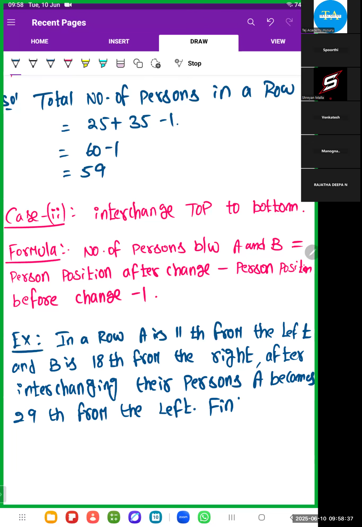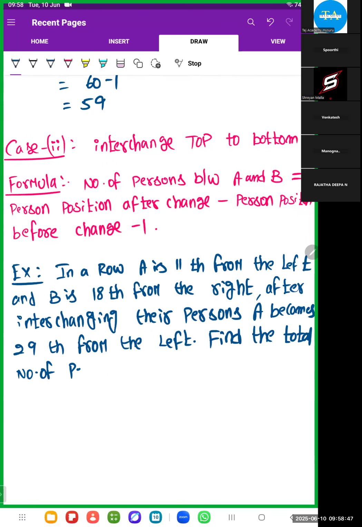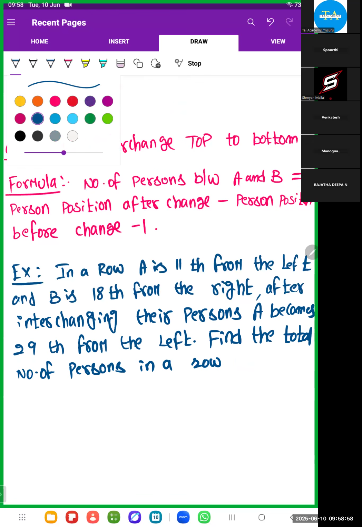Find the total number of persons in a row. 70. Correct.